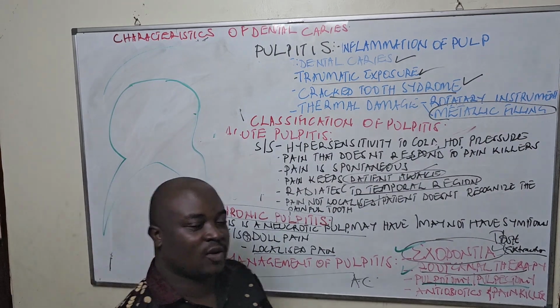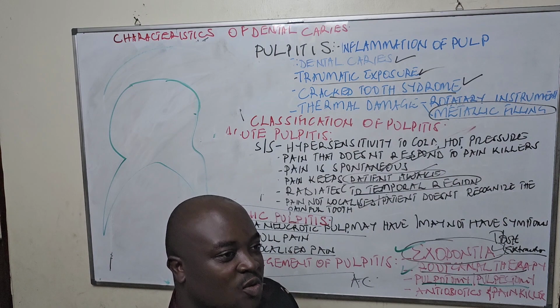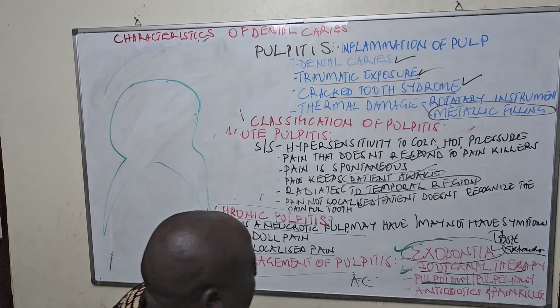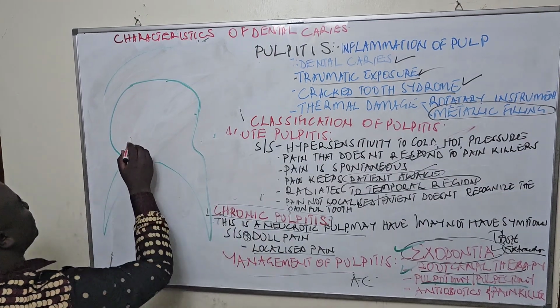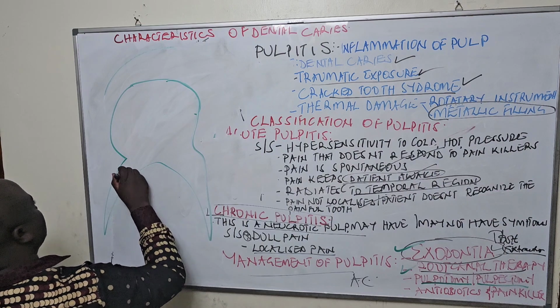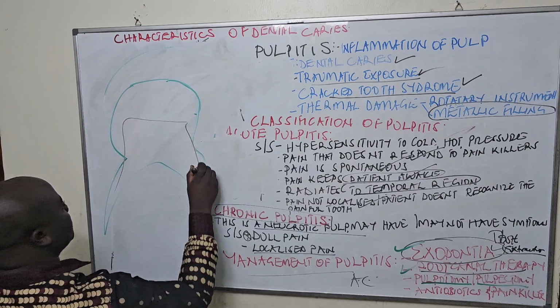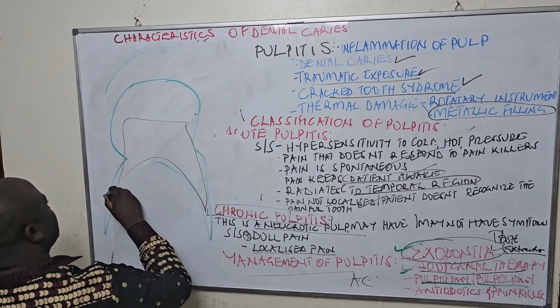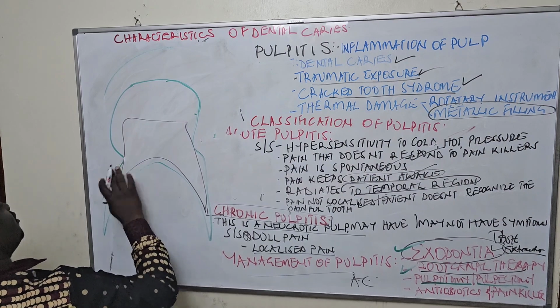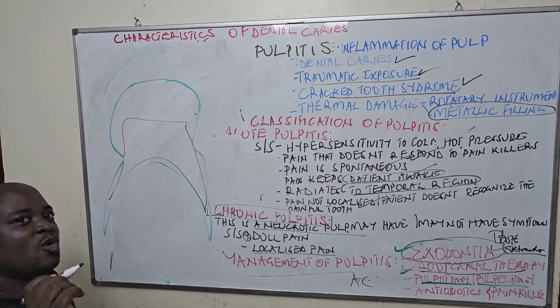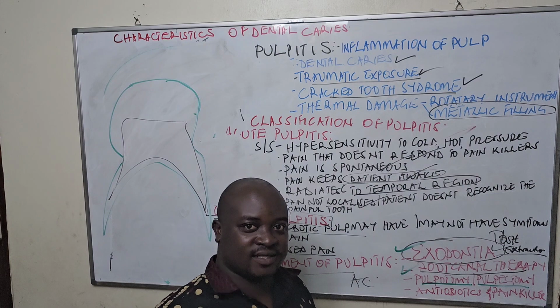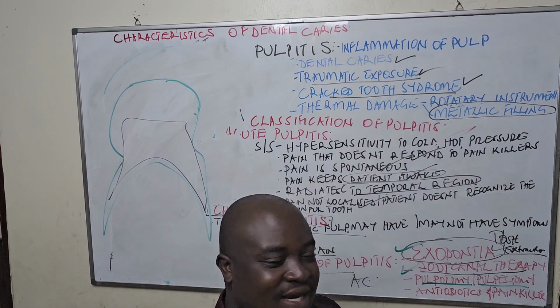For the part of your exam, I don't think you may need to go in detailed explanation of pulpotomy, but pulpectomy is the root canal treatment of primary teeth.